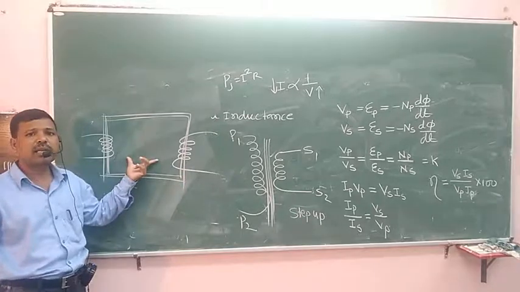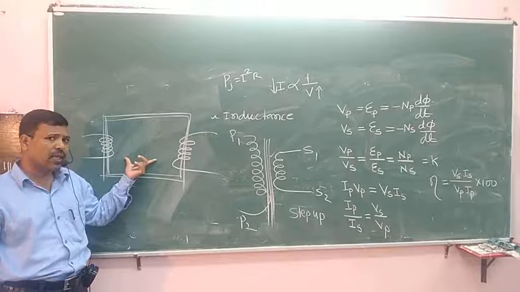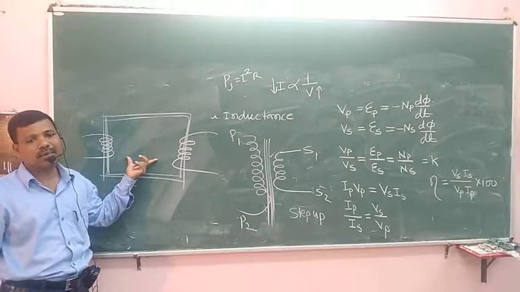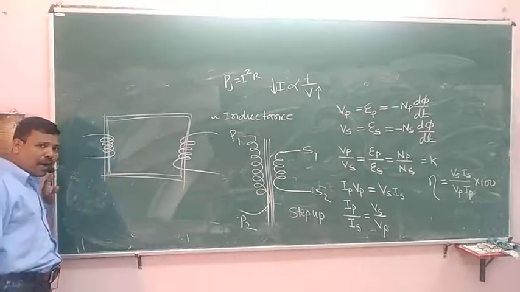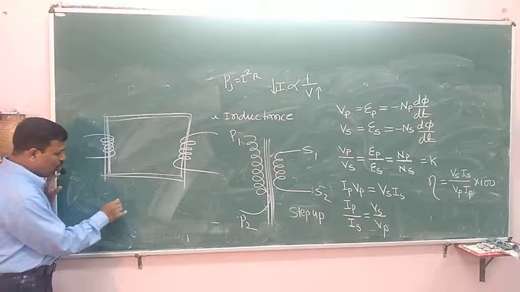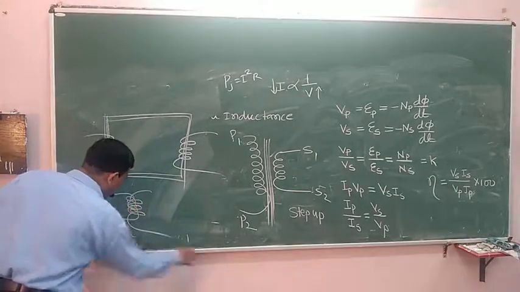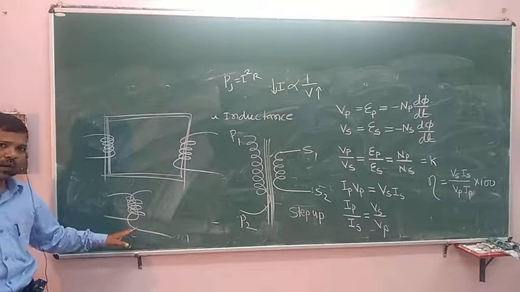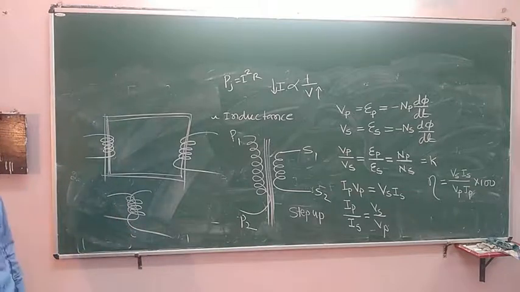So there is a leakage of magnetic flux in this gap, and a loss of electric power. Therefore, in order to avoid that loss, we wind one coil over the other coil. So this is a good configuration.